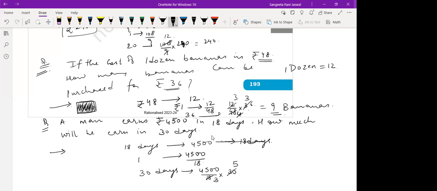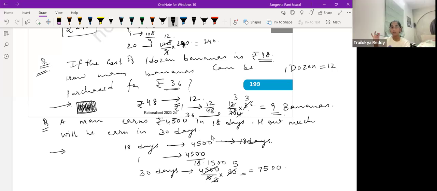Yes, we'll check. So 45, this will be 1, this is 5. 75, 15. Yes, children. So this is just rupees.